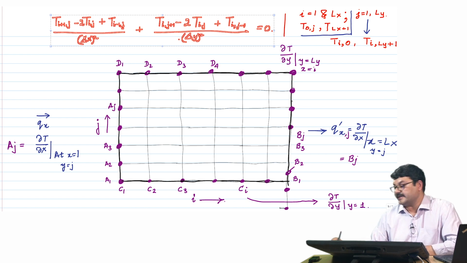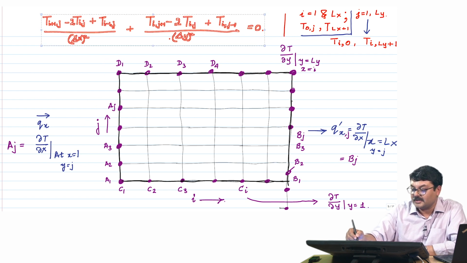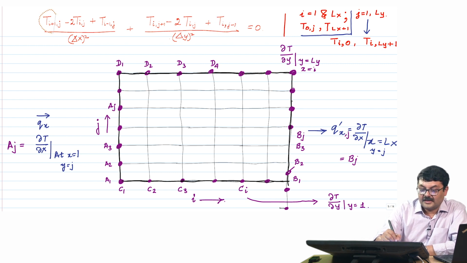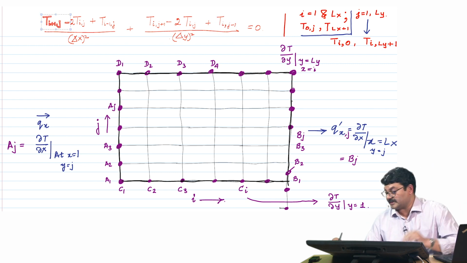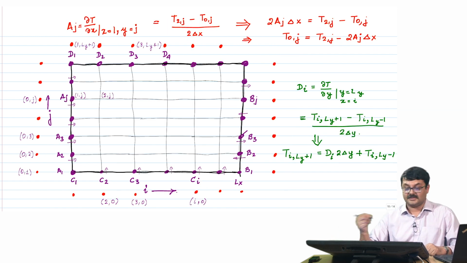To solve for T(i,j), you need the values of this and of this and so on, especially if they are the boundaries, and the way you solve it is discussed in the next slide.